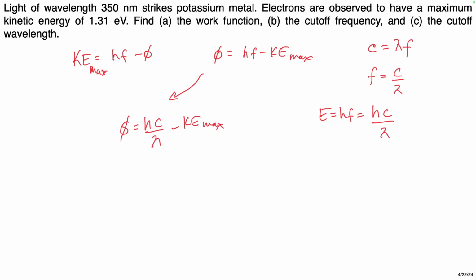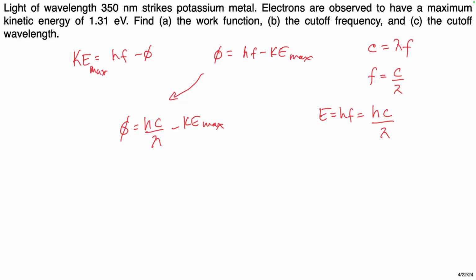Again, my maximum kinetic energy was given in units of electron volts, and so that's a dead giveaway as to which version of Planck's constant I'm going to want to be using. If I get joules over here and subtract off an electron volt, I can't do that. That's not allowed. That's subtracting apples and oranges. So I need to get this and this to be the same. They could both be joules, or they could both be electron volts.